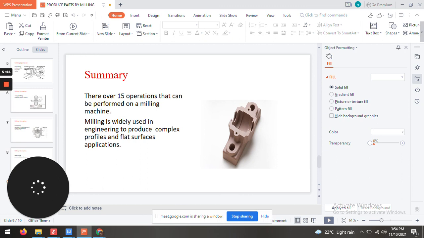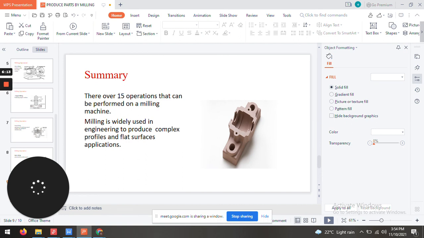So in summary, what we are saying, there are over 15 operations that can be performed on a milling machine. Milling is widely used in engineering to produce complex profiles and flat surfaces applications. One of the examples that I found appropriate at your level was the picture shown on your right hand side.